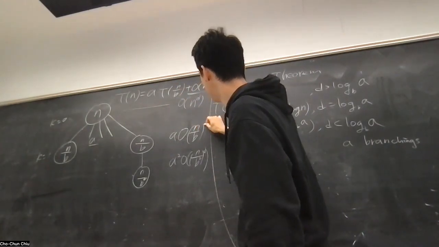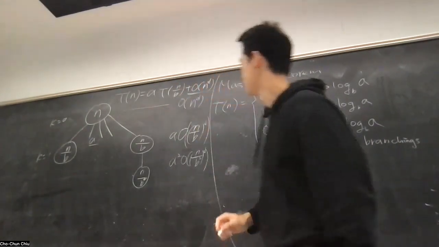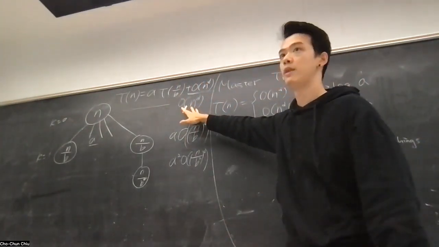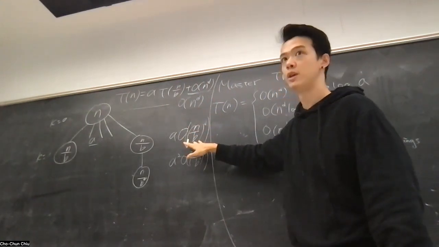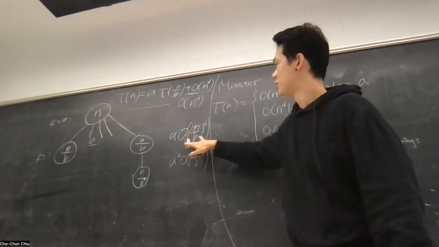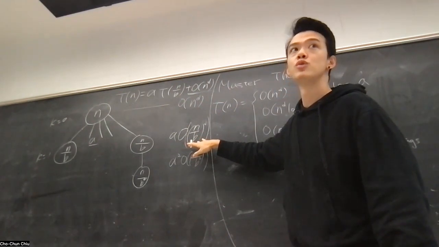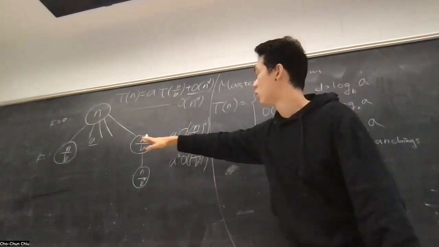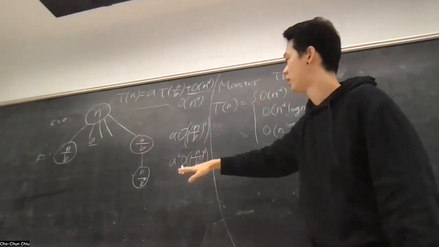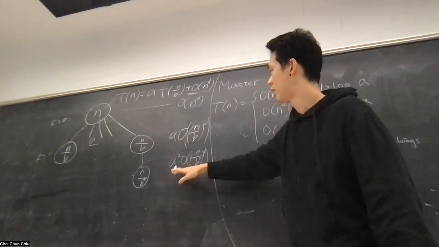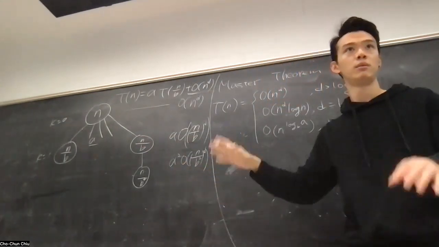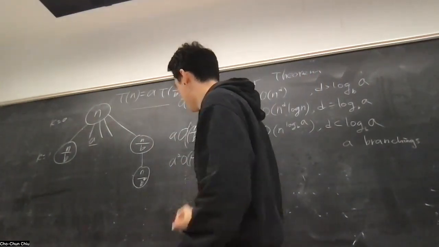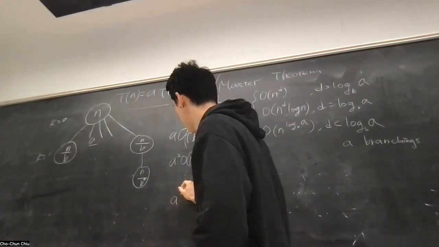Originally, we have n, and then we have n over b. So that's the input size. And then we know that we need to solve that by the power of d, right? And that's what happened in the first layer, and then in the second layer, we have this, right? Does that make sense? Okay, so eventually we have something like a.